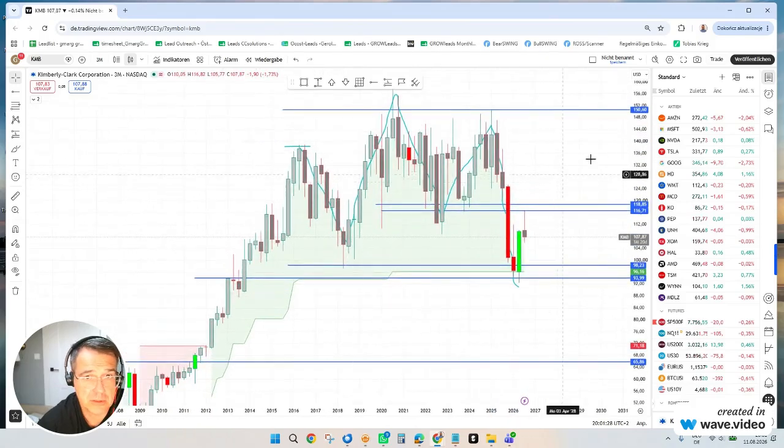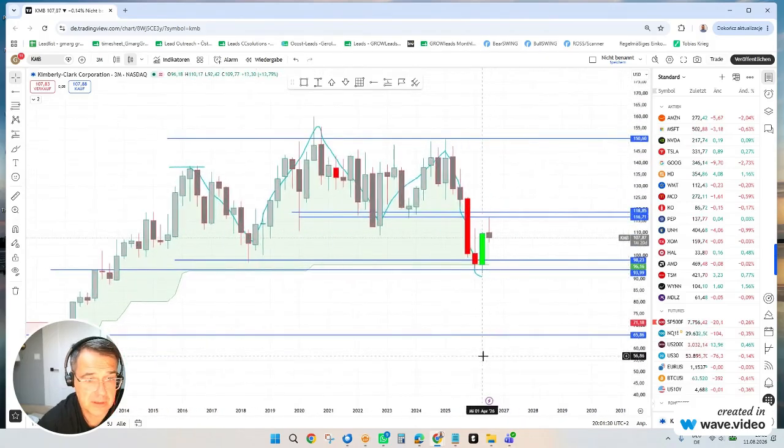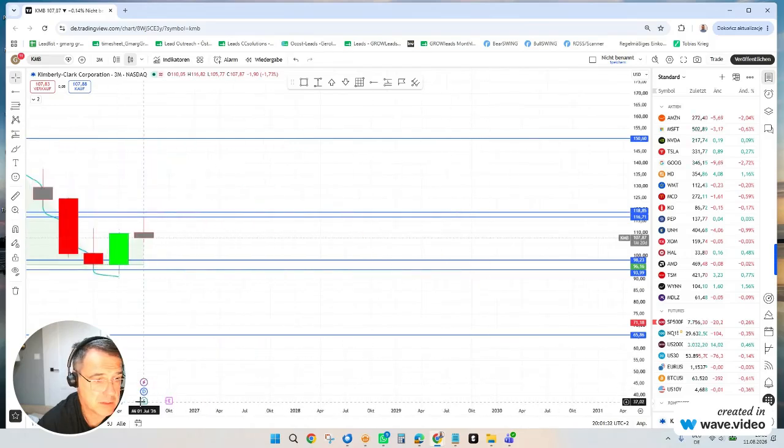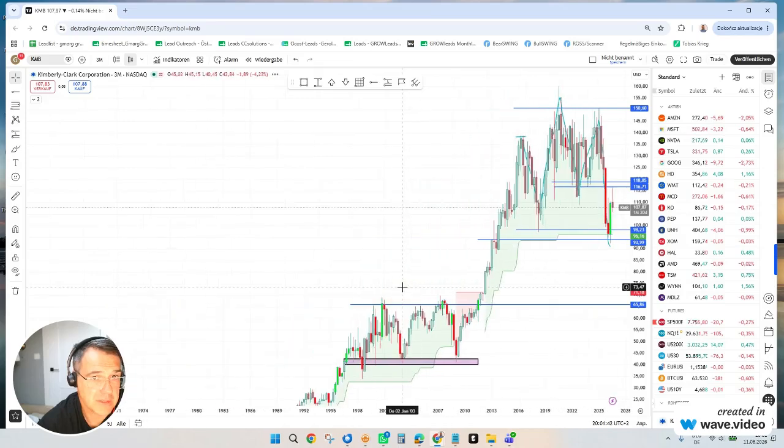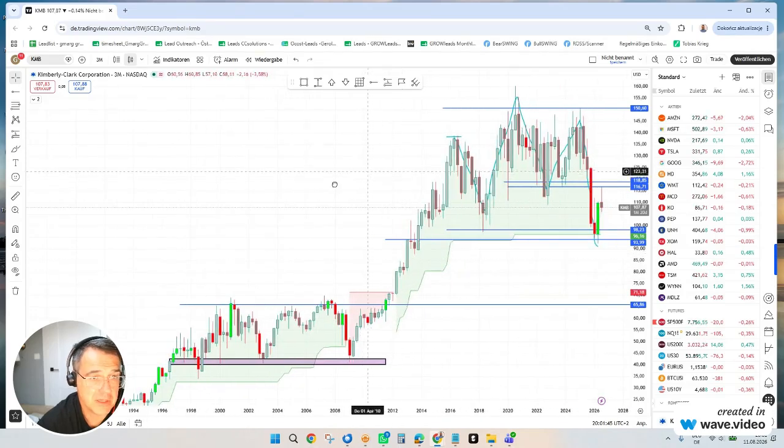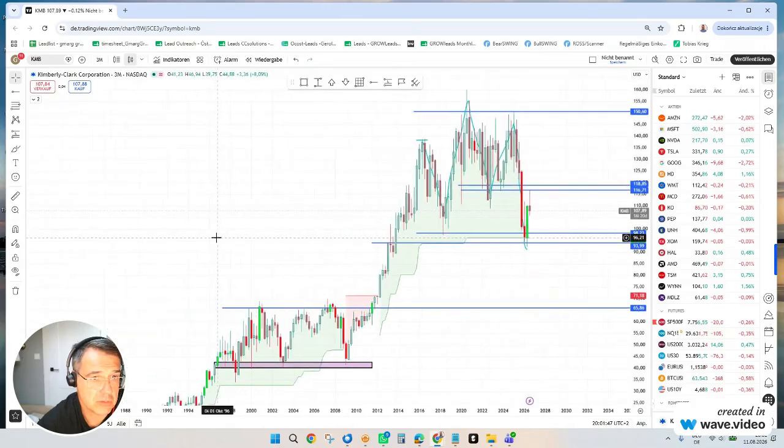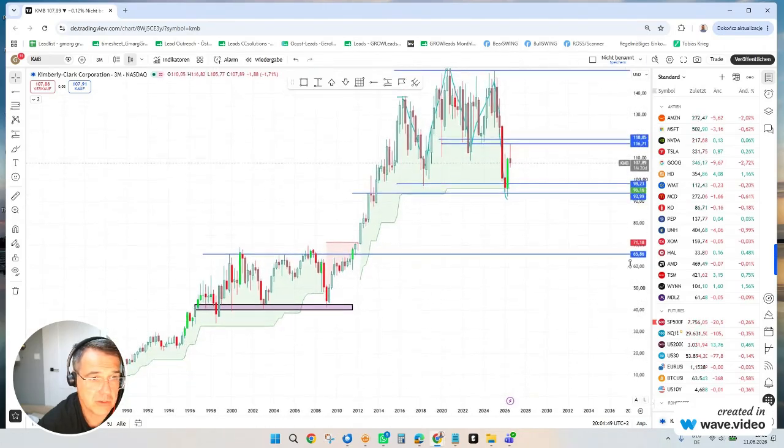I don't know what's going on in this company. A lot of people like this company because it's stable, it earns money, it has a nice dividend, $1.28. That's nice. But we have a little bit of break of structure here, so I'm not sure what's going on and why.